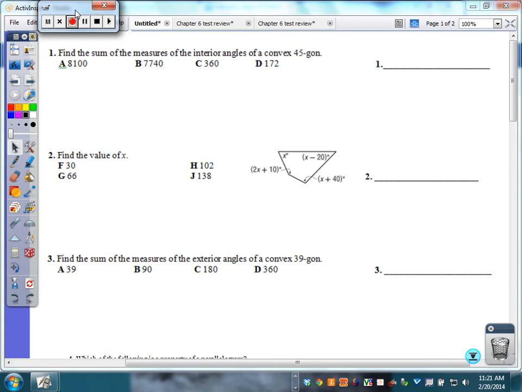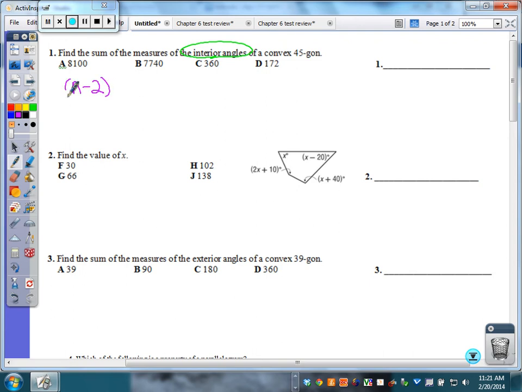Okay, number one just starts off with the first part of the chapter. We're basically finding the sum of the interior angles of a convex 45-gon. So we're taking the rule: take the number of sides, subtract 2, multiply by 180, and that will give us the total angle sum.